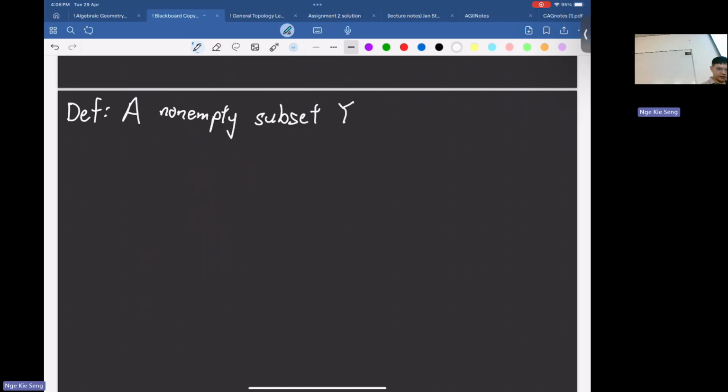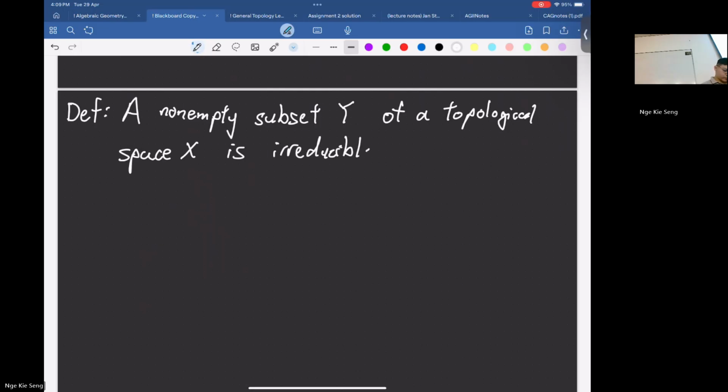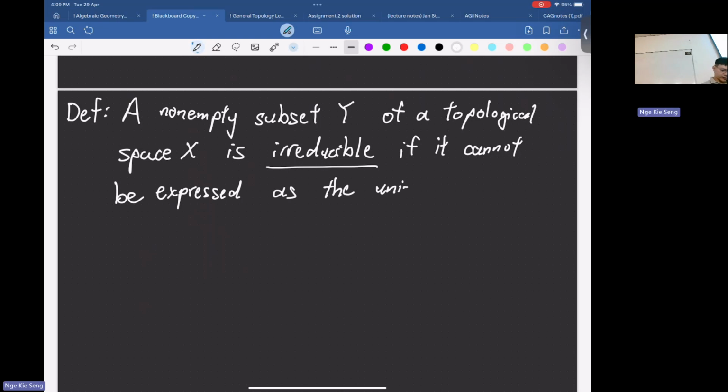We'll define that a non-empty subset of a topological space X is irreducible if it cannot be expressed as the union of two subsets Y1, Y2, and these must be proper.